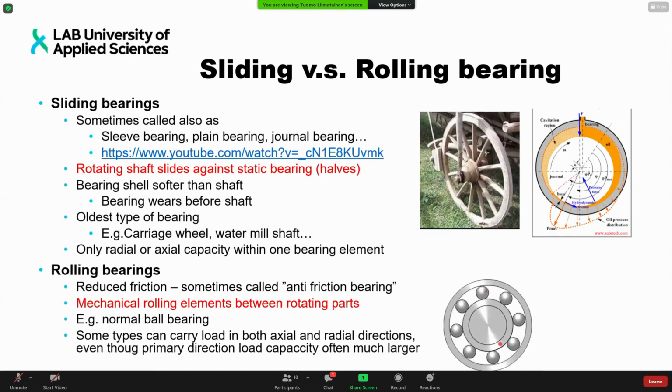So they are usually designed so that the primary load carrying direction is either radial or axial. But there are bearings that can carry the same amount of load in both directions as well, like tapered roller bearings, for example.